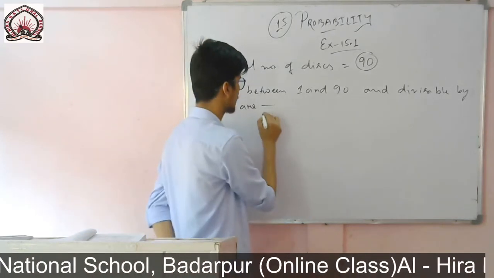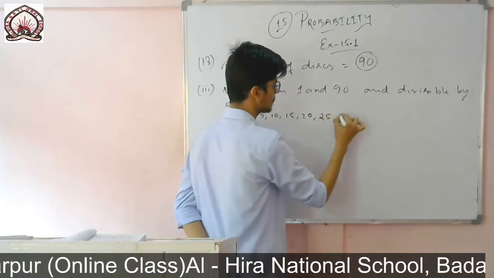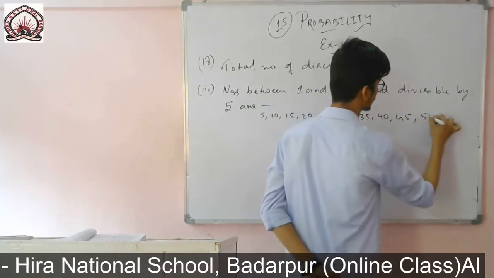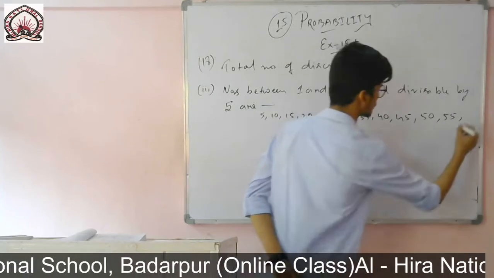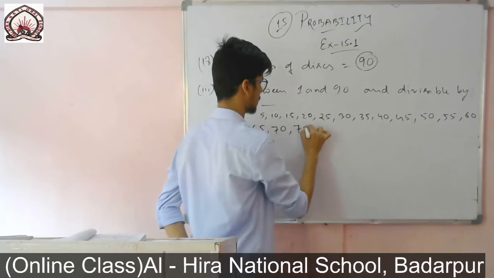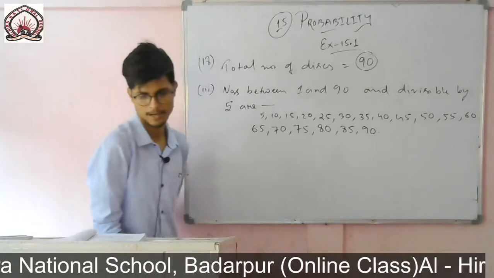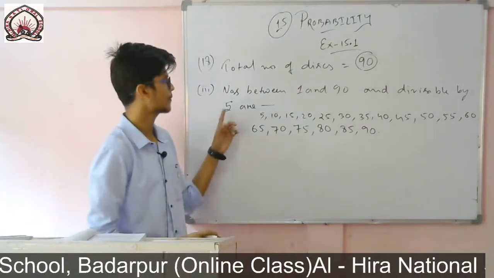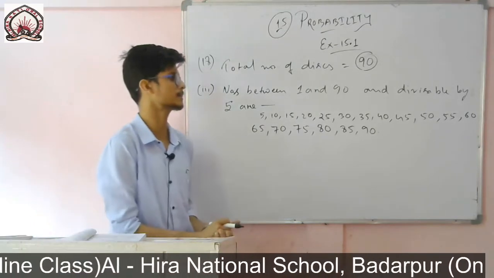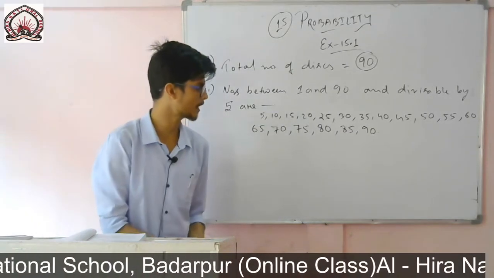If I start from 5, 10, 15, 20, 25, 30, 35, 40, 45, 50, 55, 60, 65, 70, 75, 80, 85, 90. So numbers between 1 and 90 and divisible by 5 are 5, 10, 15, 20, 25, 30, 35, 40, 45, 50, 55, 60, 65, 70, 75, 80, 85, 90.